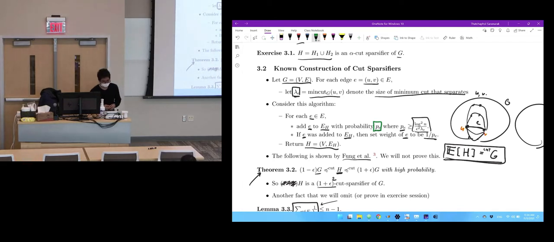But just to compute lambda_e might be hard to do in a general graph, right? It's a max flow problem. And so we did something to make it very fast. So how did we do that?